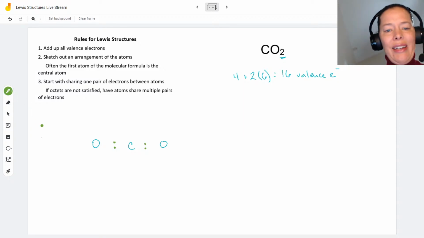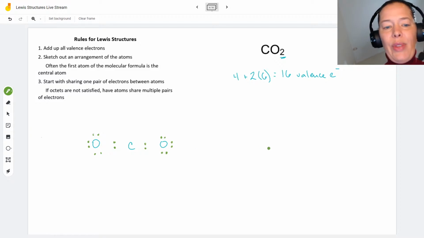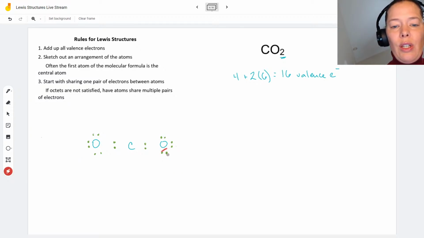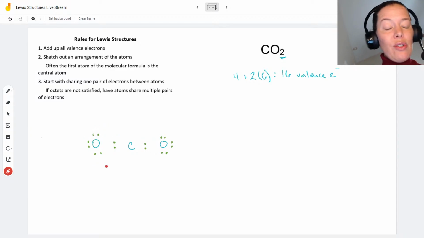So let's just add in some more electrons. 2, 4, 6, 8, 10, 12, 14, 16. Just double checking. 2, 4, 6, 8, 10, 12, 14, 16. I have used all of my valence electrons.